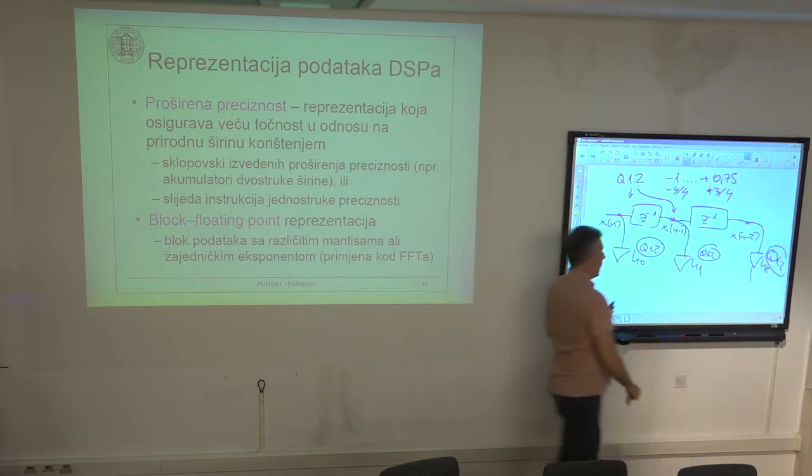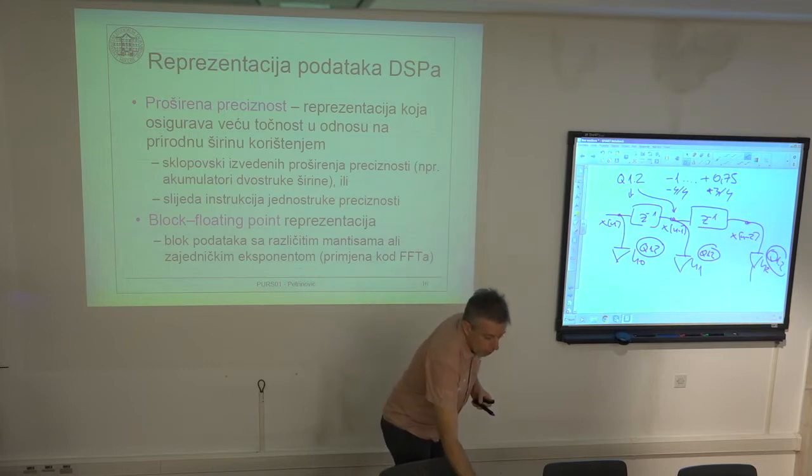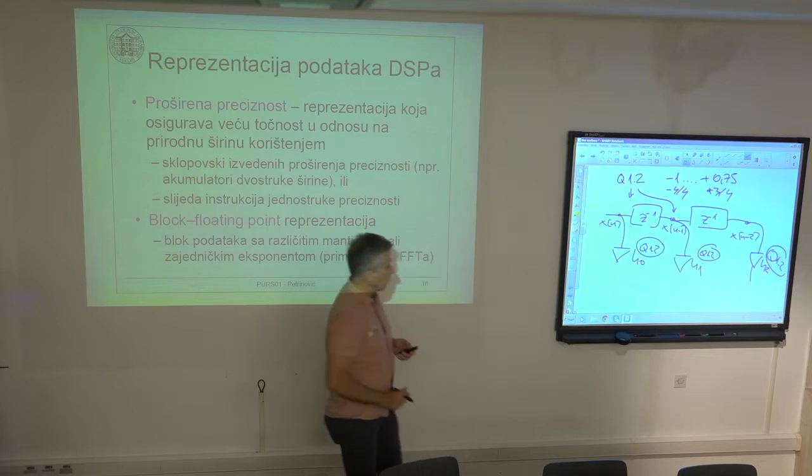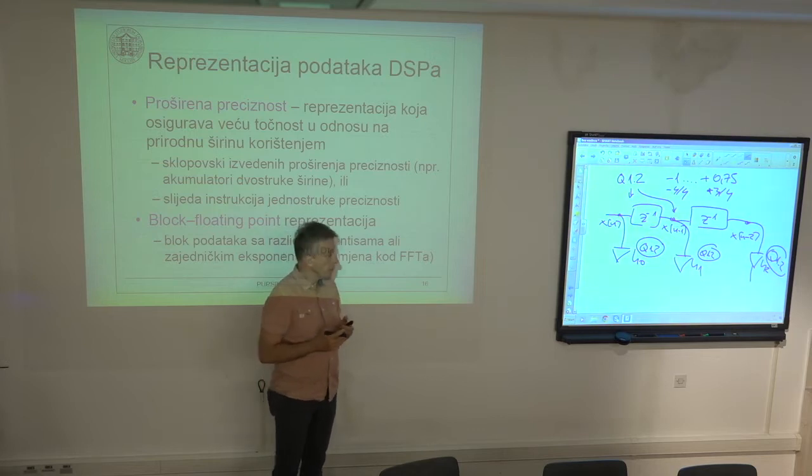Okay? And then if I multiply these two values, then of course the product is of double width. So multiplication produces the product that is twice the width of the arguments. So normally the product of two 3-bit values is a 6-bit product.